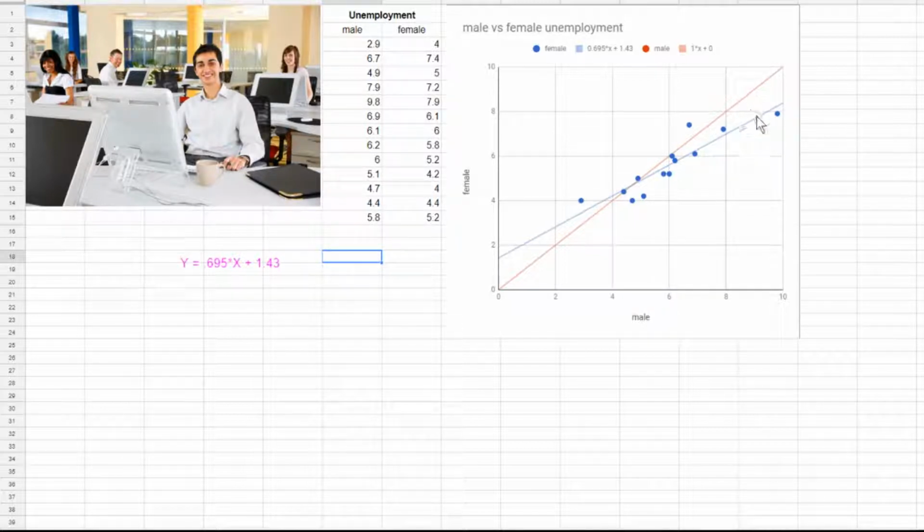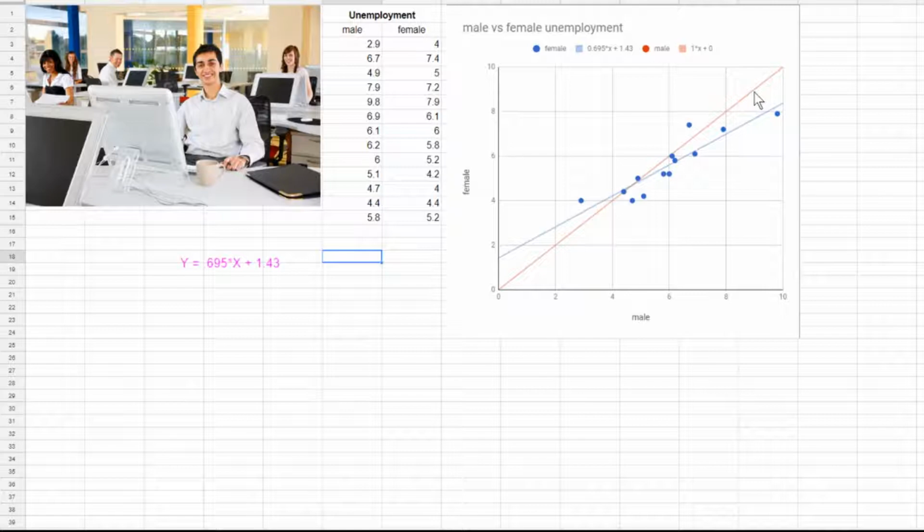The blue slope is obviously less than the red slope, and that's what the equation is saying. It's saying that as the male unemployment rate goes up, the female unemployment goes up at a slower rate. It's like with velocity: this is like a faster car versus a slower car.